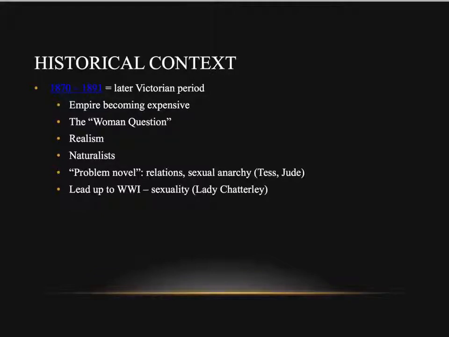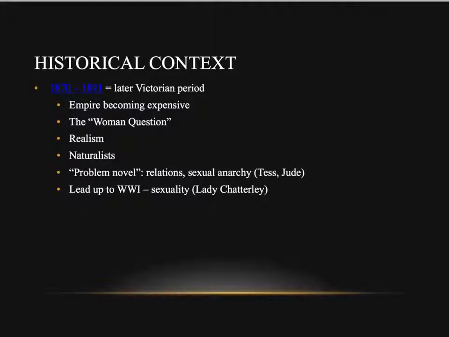What you saw here was you had Hardy's Tess of the D'Urbervilles, which was written in 1891, and Jude the Obscure from 1896, which show a very bleak and open treatment of sexuality and marriage, both of which actually, when they were published, caused an outrage among the nonetheless puritanical Victorian public.